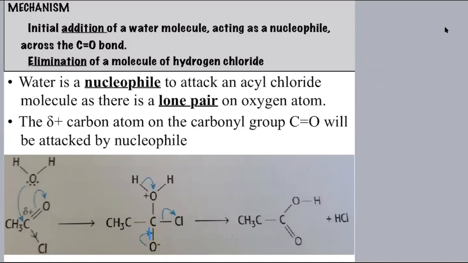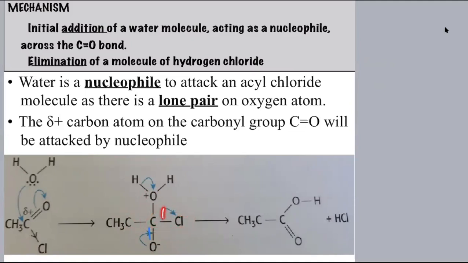You cannot break the carbon-carbon bond. That is a strong bond. You do not want to break this carbon-oxygen bond because it's a new bond that you just formed. The only bond that can be broken is the carbon-chlorine bond. Halogenoalkane, carbon-halogen bond is relatively weak. You can break them easily, right?